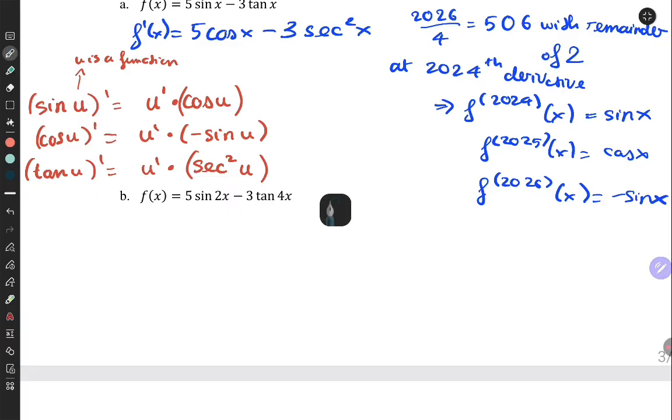First term, start with five, because five is there, the constant stays. But I have sine of u. If you have sine of x, it's just so simple, right? Cosine of x. The moment you change that x to something else, you can't use that formula directly.